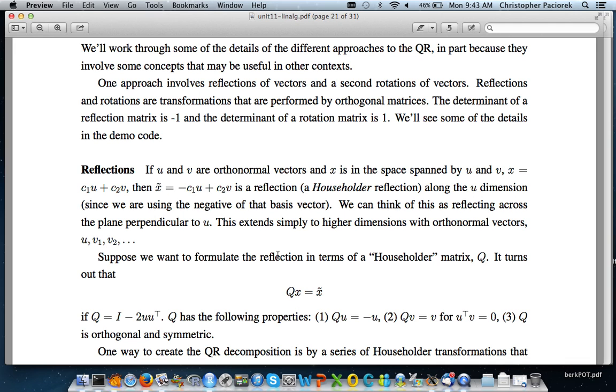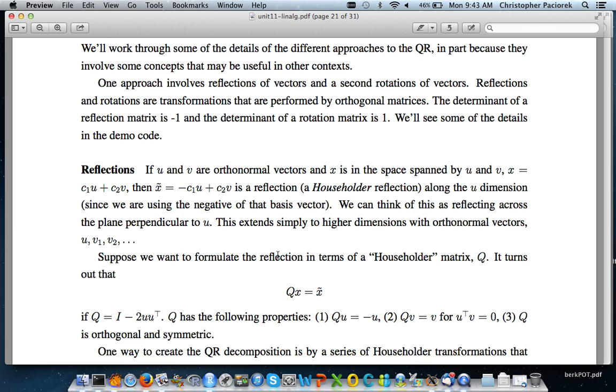Then what I can do is reflect x across v, which we can also think of as reflecting x in the u direction. And if I reflect x, I'm going to get an x that looks like this.